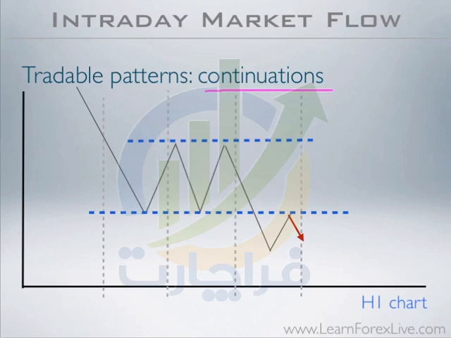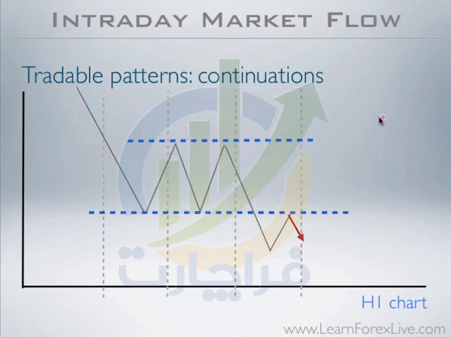Now, I understand that that may sound a little bit confusing. Don't you worry, I'm just going to repeat that. A continuation, again, is a breakout driving price away from a temporary congestion in the direction of the move that originally drove price into the congestion area.